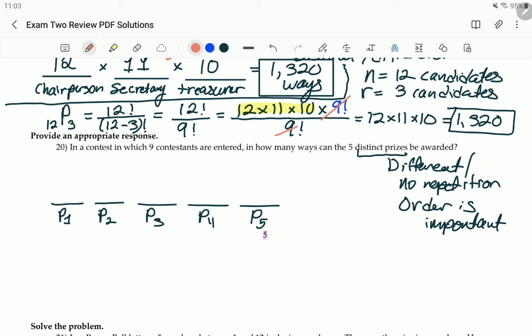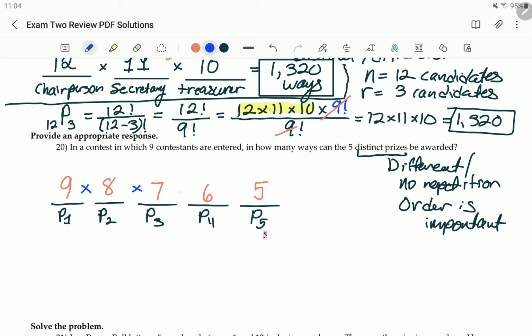So once again, we can use the fundamental counting principle. 9 contestants can win the first prize. After somebody wins the first prize, 8 contestants for second prize. 7 contestants possibly can win the third prize. 6 contestants can possibly win the fourth prize. And you have 5 contestants that can possibly take the last prize.